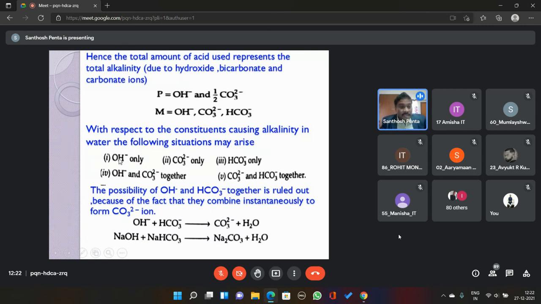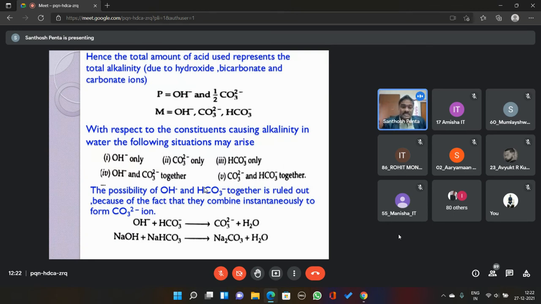The water sample may have hydroxide ion alone, carbonate ion alone, or bicarbonate ion alone, or hydroxide and carbonate together, or carbonate and bicarbonate together. These are the 5 possible combinations. The last one, hydroxide and bicarbonate ions, is ruled out because that is simple neutralization. Forget about this.